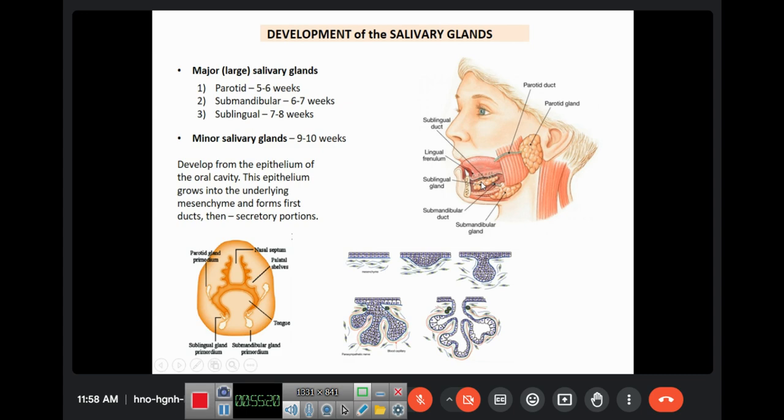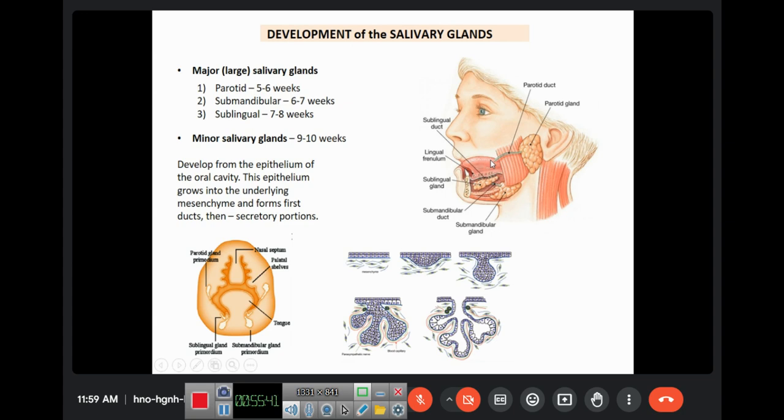So three pairs of major salivary glands. They are located outside the oral cavity and are connected with oral cavity with their ducts. And also we have minor salivary glands which are located inside the lips, the palate, the tongue, and the cheeks of the oral cavity.